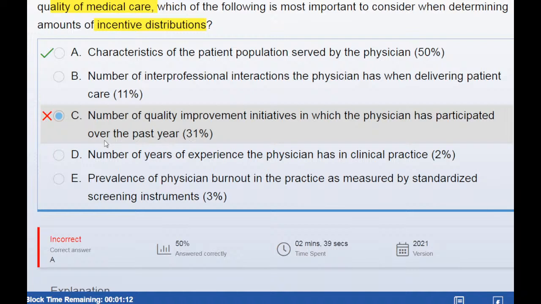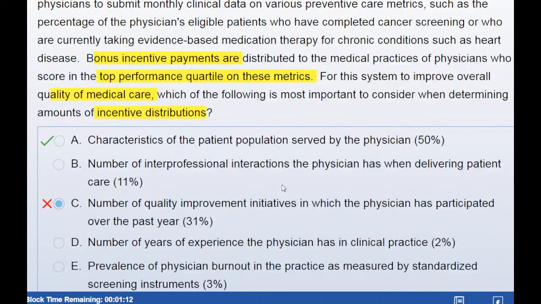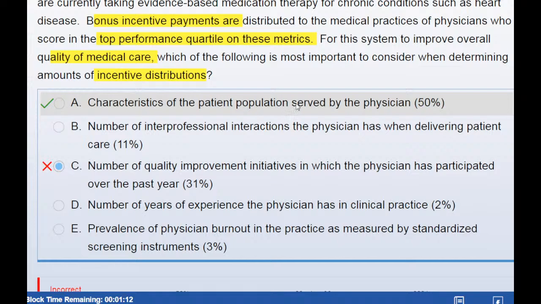This one looks good, this one sounds good. Let's see what it is. Number of years of experience of the physician in clinical practice. Prevalence of physician burnout in the practice as measured by standardized screening instruments. So the answer is characteristics of the patient's population served by the physician.